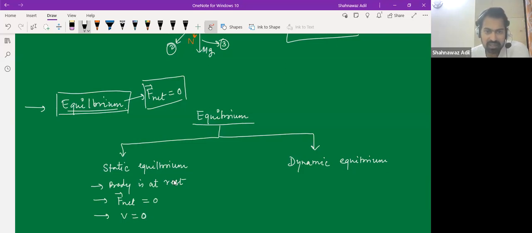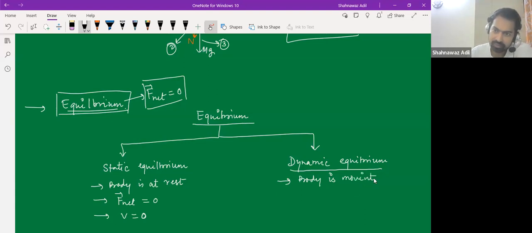But what happens in the case of dynamic equilibrium? The body is moving, and if F net is zero, it means that your acceleration is zero.